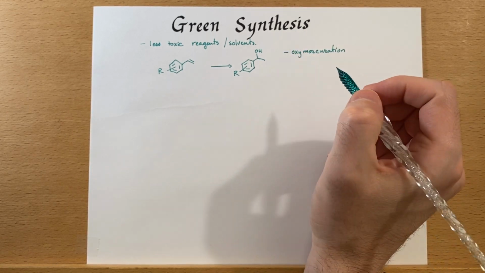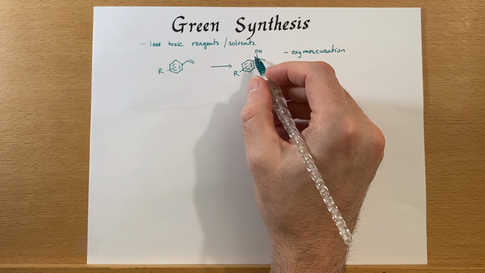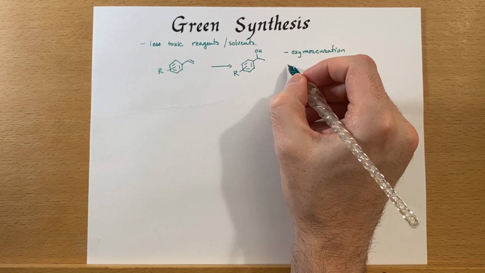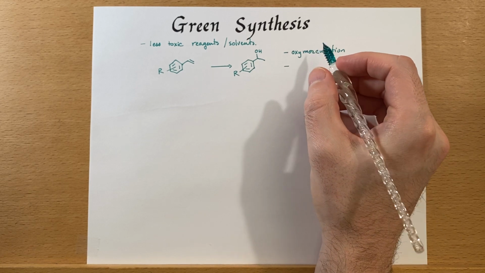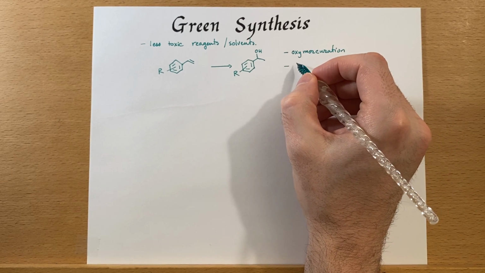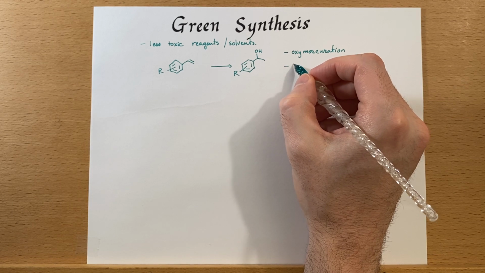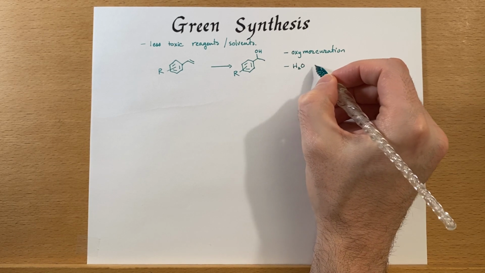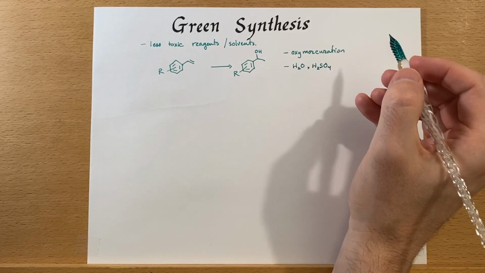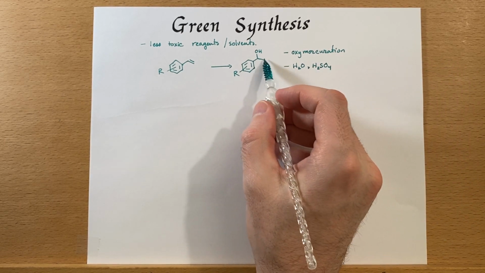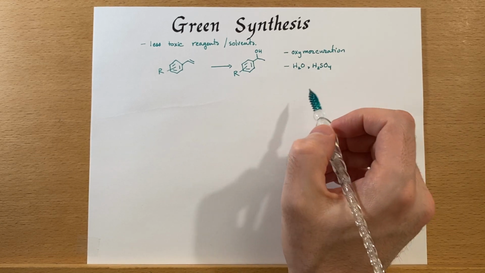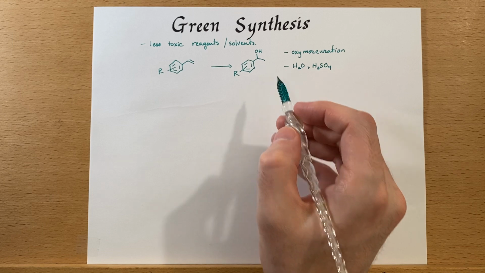Now, in this case, there are no rearrangement options available, and so it would be just much better to use just water and sulfuric acid. Those are much greener than mercury. There's no rearrangement in this case, and so we should explore using that. And hopefully the yields are pretty good.